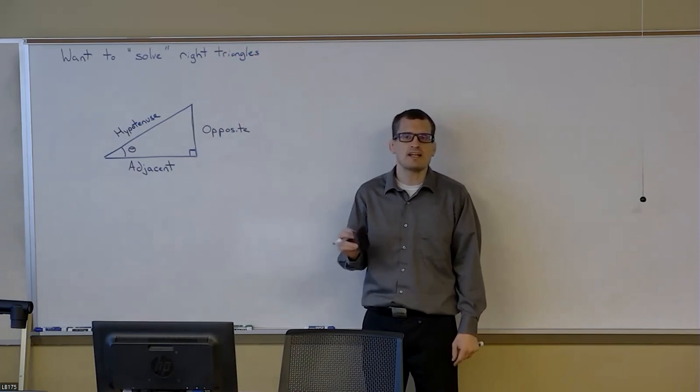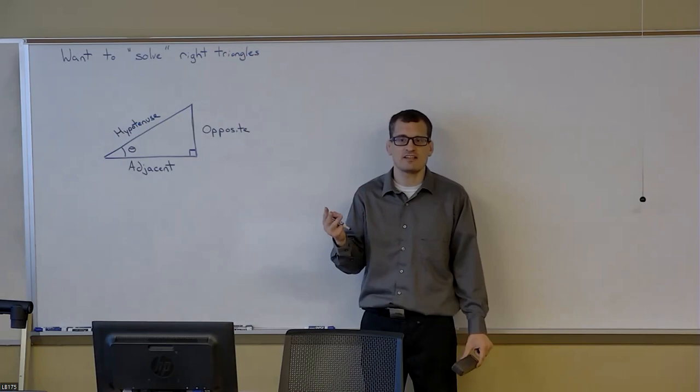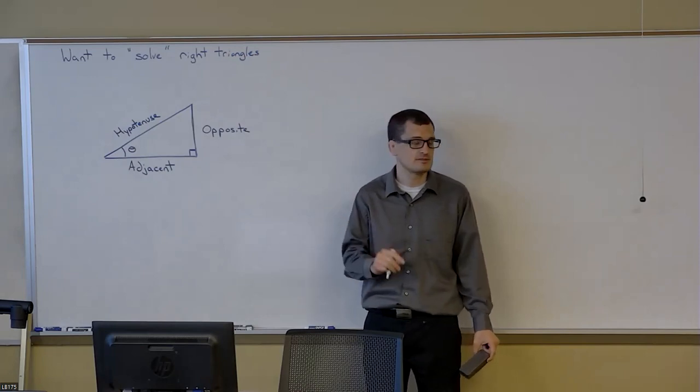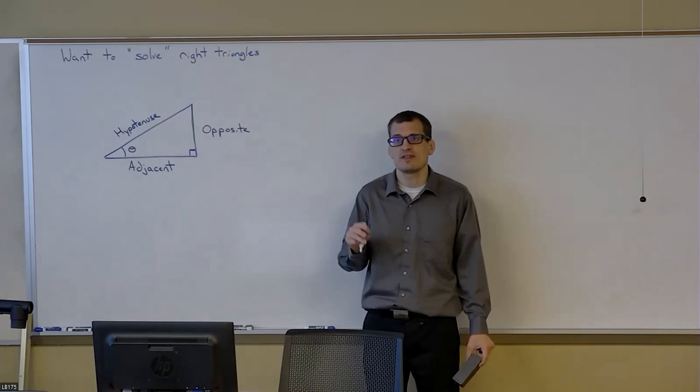If we have a right triangle, what we have is 3 sides and 3 angles, right?